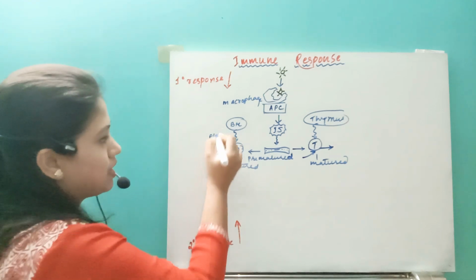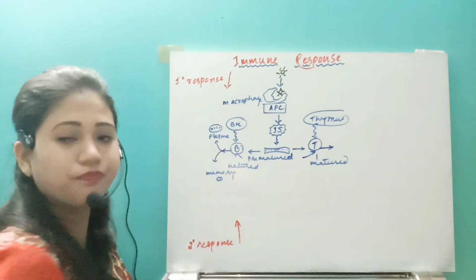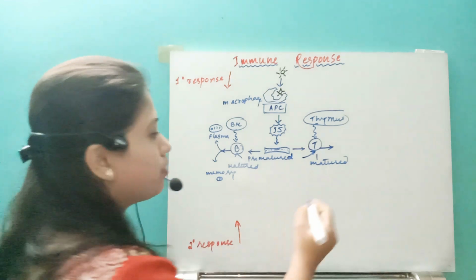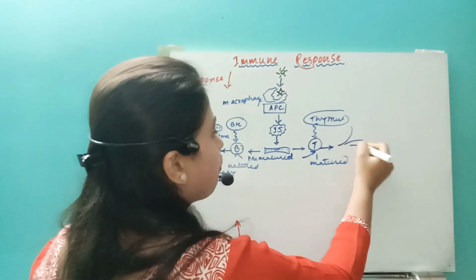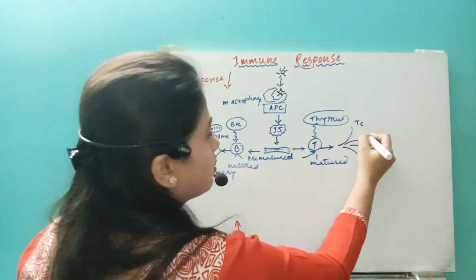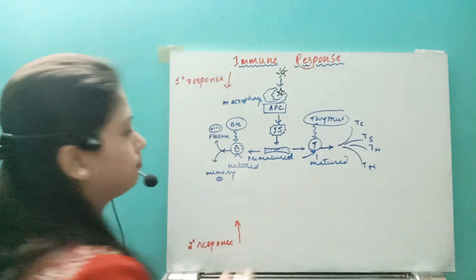Plasma cell is a little bit larger and memory cell is smaller. This T lymphocyte will also mature into four varieties of cells: cytotoxic killer cell, suppressor cell, helper cell and memory cell.